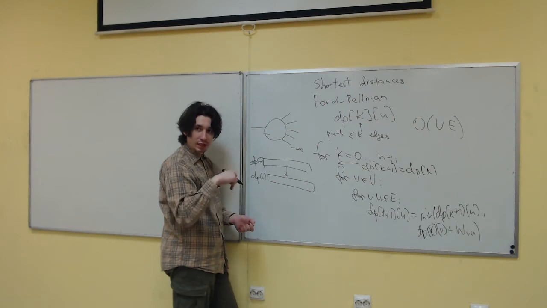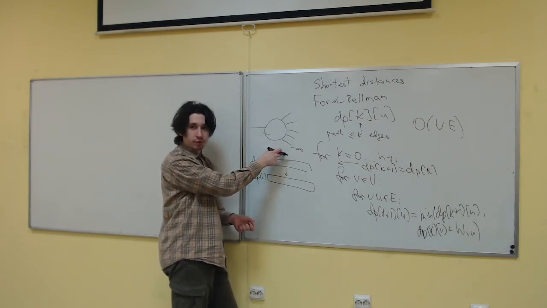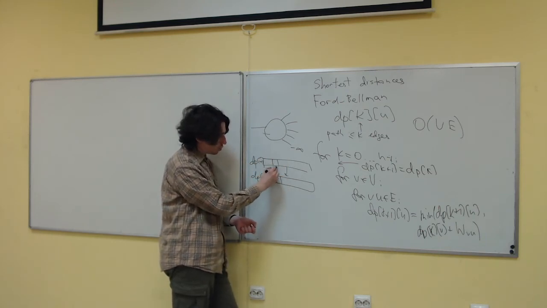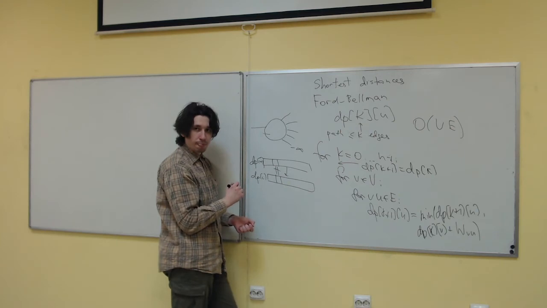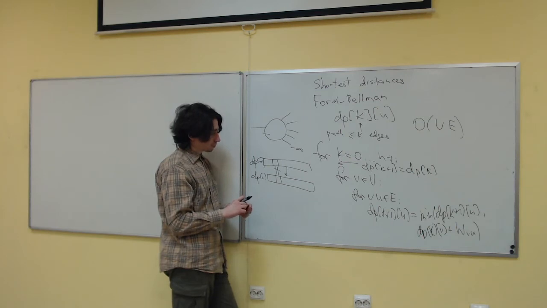But if we have a negative cycle, then at some moment it should have changed, but not here. So if there is a position where they are not equal, then there is a negative cycle. Okay, yes, that makes sense.